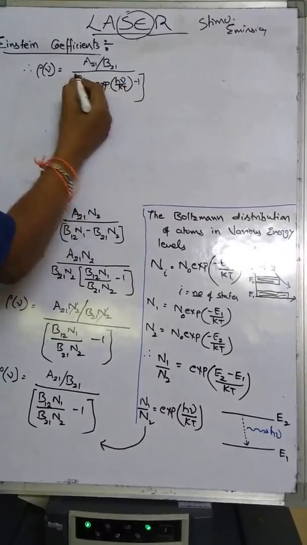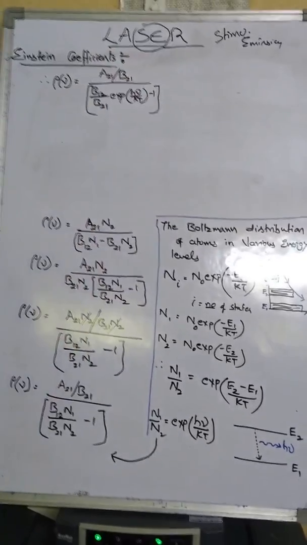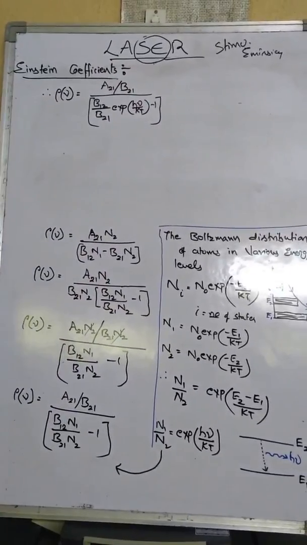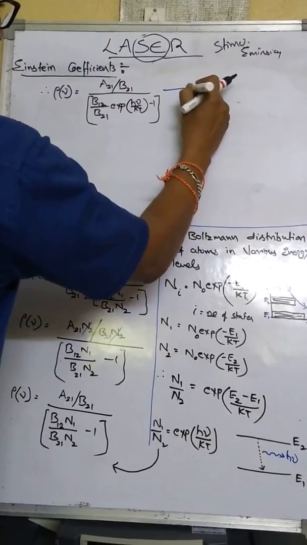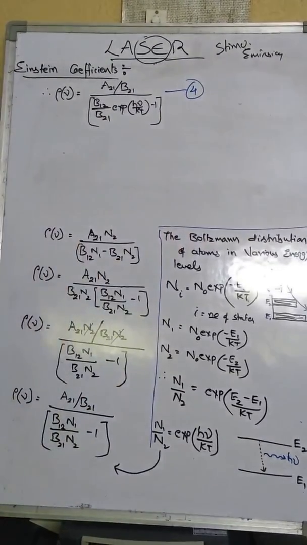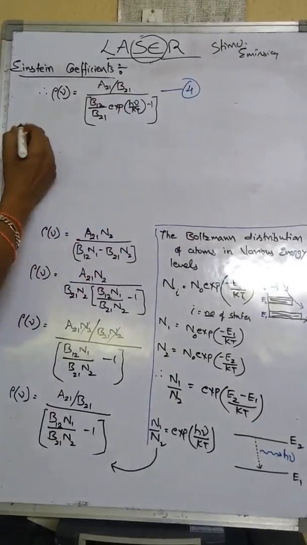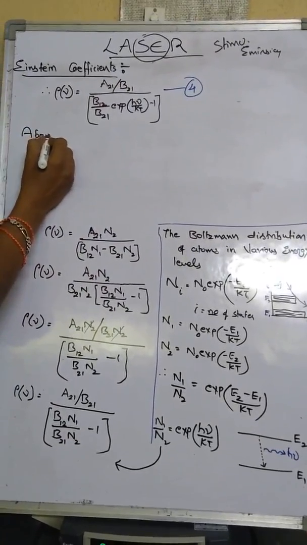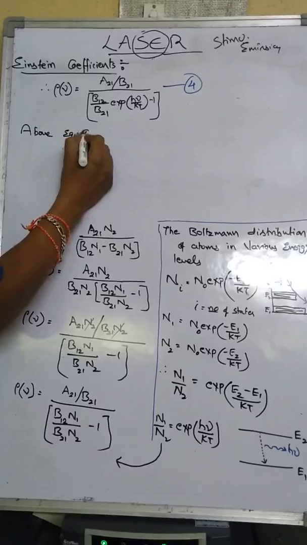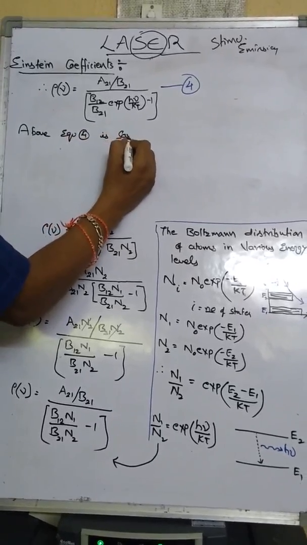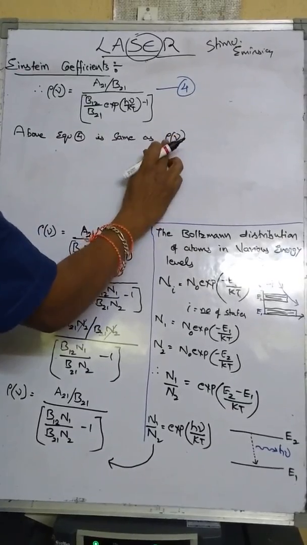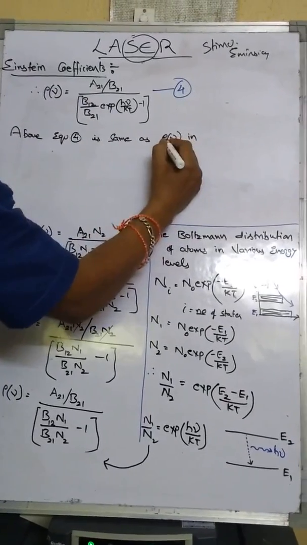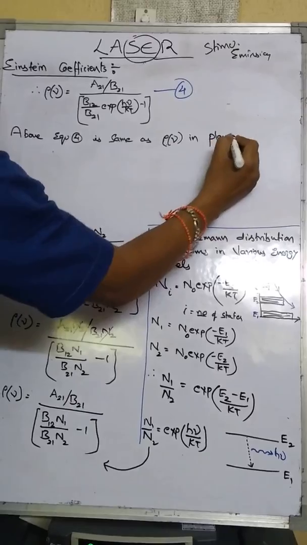So this is the expression for the density of photons. I will call it equation 4. The above equation 4 is the same as the density of photons rho nu in Planck's radiation law.